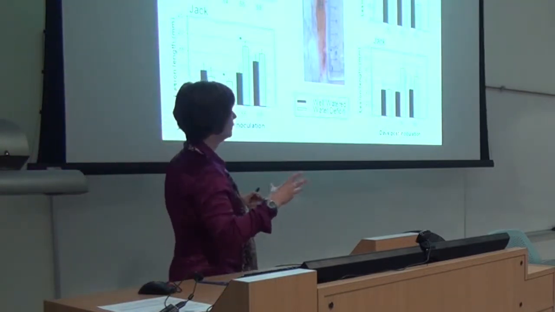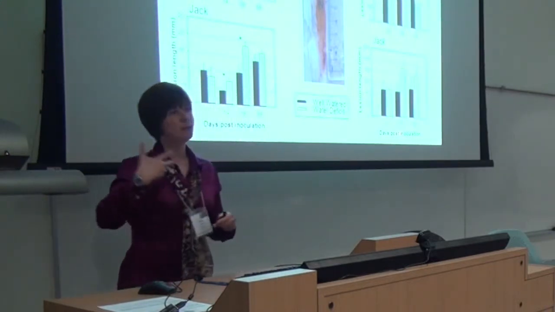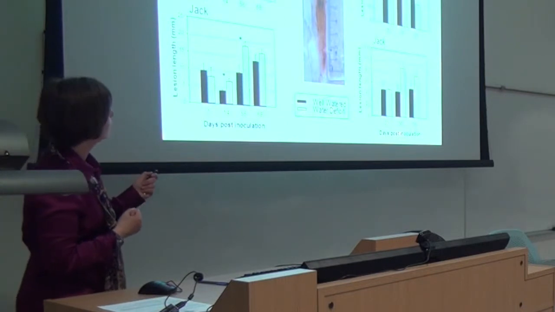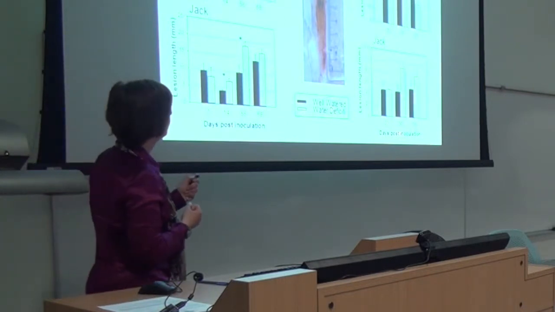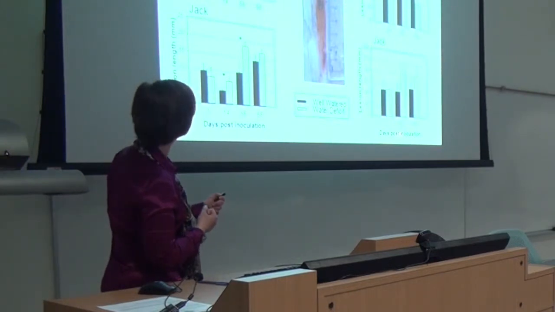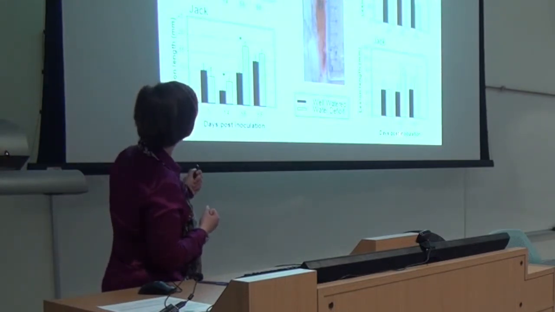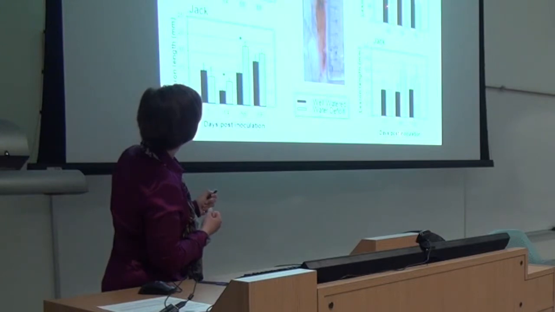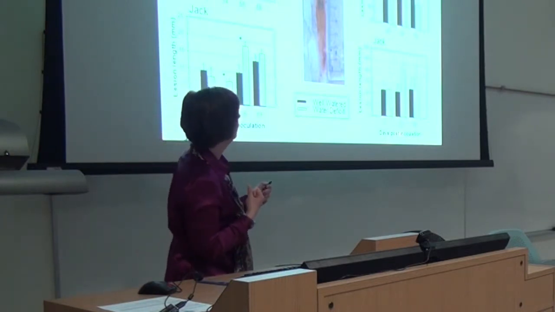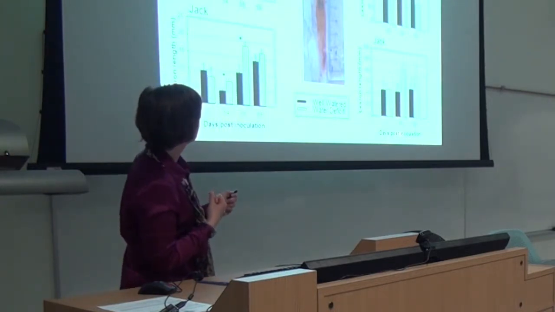But of course, it's really the next growing season where we see the consequence of having been attacked. And so we would expect that although we see the same trends within one growing season, if we were to continue this through to a second growing season, we would see a pattern like this, where the water deficit trees would probably show a greater lesion length in the second growing season, whereas we might see a little bit more of a decline under well-water conditions.